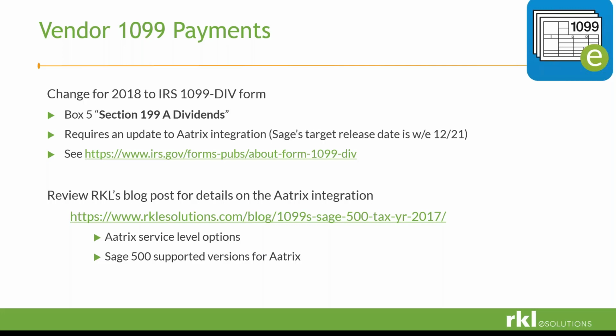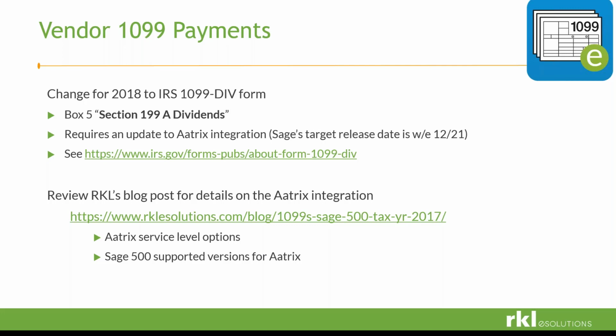Sage has discontinued the practice of providing updates to the Crystal forms that could be used inside of 500 to print out the 1099 miscellaneous dividend and interest forms if you were doing the paper versions yourself, after they included the option for the Avalara integration.